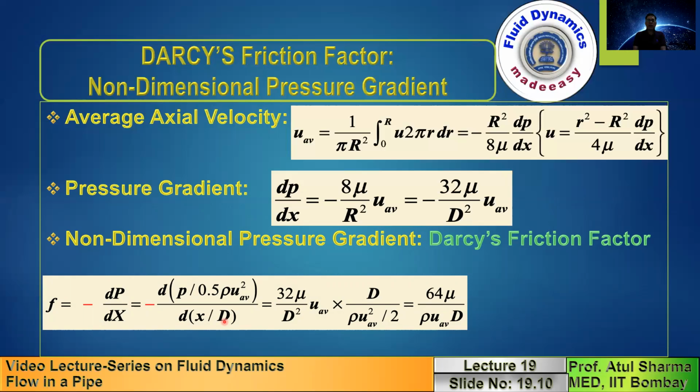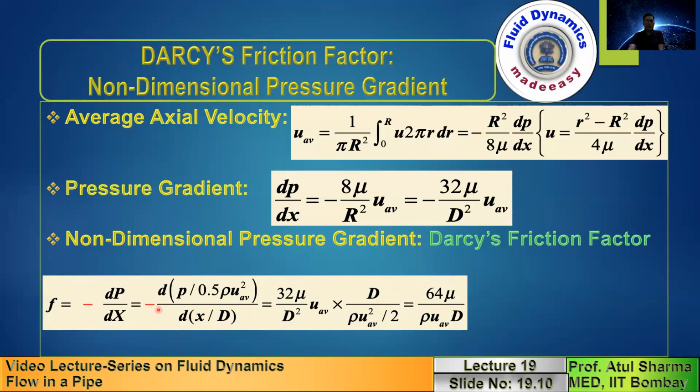Like for flow in a pipe, the diameter is the characteristic length scale. You are given the diameter of the pipe, so we take the diameter as the length scale. So the non-dimensional axial coordinate is represented by small x divided by d.